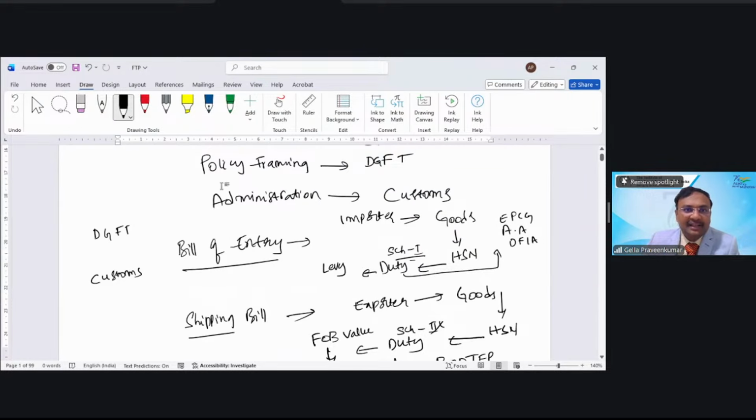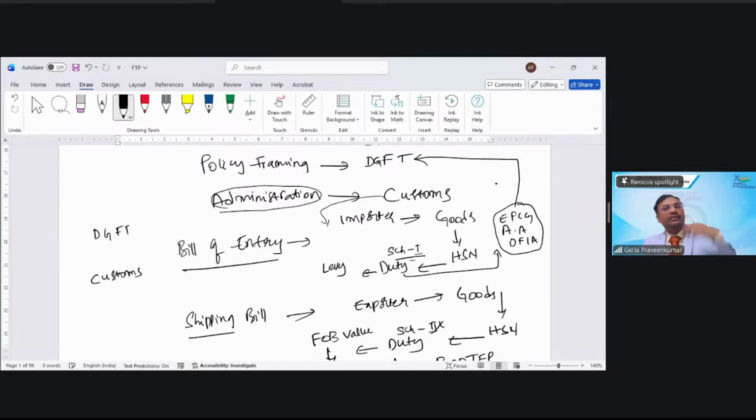Policy framing is done by DGFT. Administration is done by customs, right? So the elements of import, EPCG, advance authorization, duty-free import authorization, these are all policy framing which is done by DGFT authority. But with respect to implementation, the administration is done by the customs authorities.